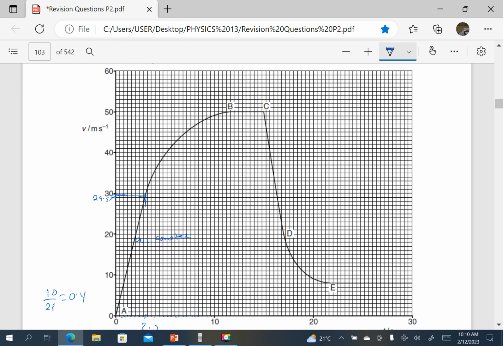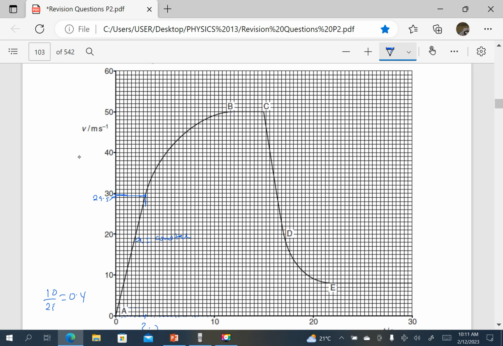After 3 seconds, the resultant force must be decreasing because the gradient is decreasing, the acceleration is decreasing up to around point B. Then after point B, the resultant force must be 0 because the acceleration is 0, the gradient is 0. That is how the force is varying here.